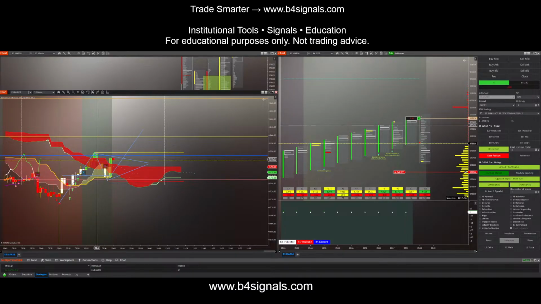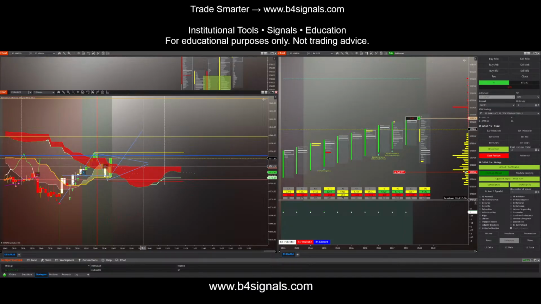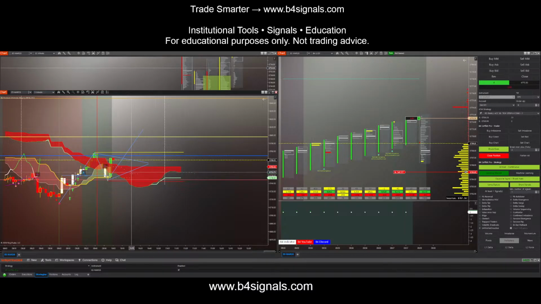So what could happen right here, we could start flagging in here and start wedging in if this area stays consolidated. See how the Kijun and Tenkan right here, the TK cloud, is inside of this Kumo. They're overlapped right here, so we're in an area of equilibrium right now.